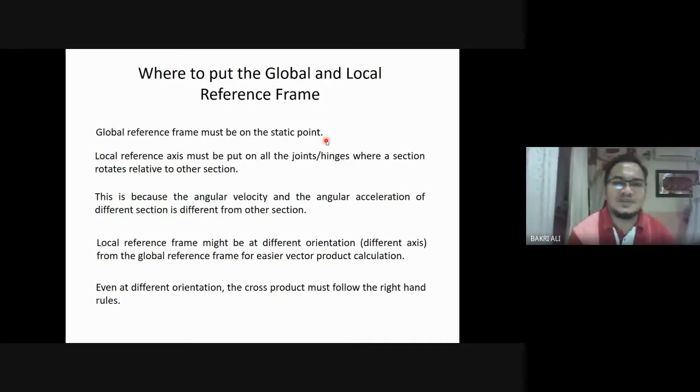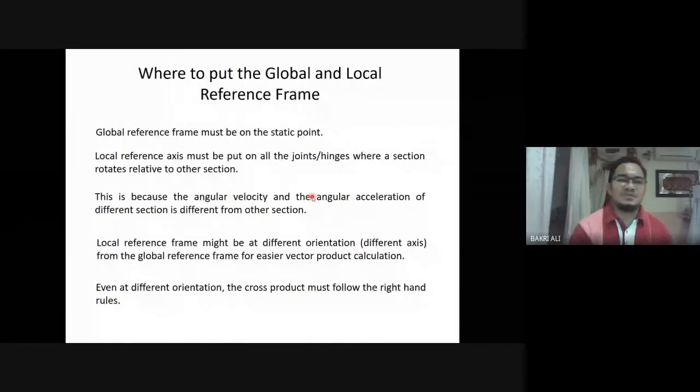The local reference frame must be put on all the joints or hinges where a section rotates relative to another section. As long as there is a rotation, you must put a local reference frame. This is because the angular velocity and angular acceleration of each section differ from the other sections, which move with different omega and alpha.